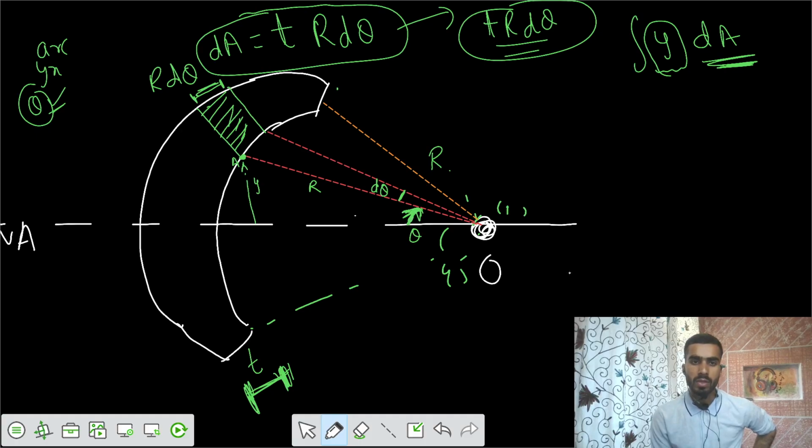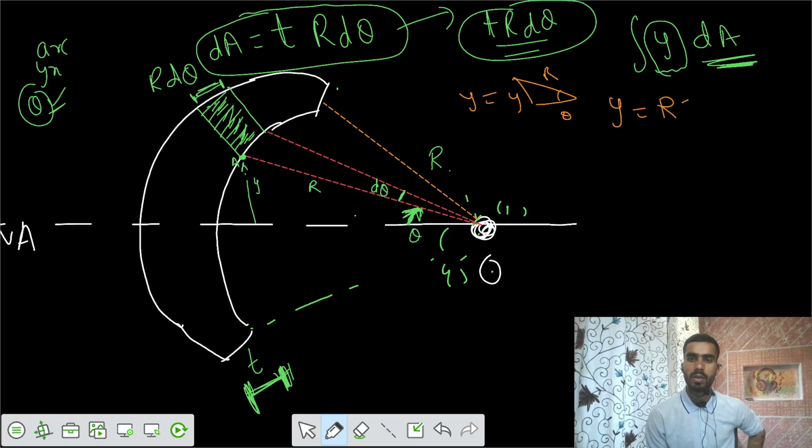There we have some point, and the area above that point, if you take that differential element, the value of y, by the triangle, this is your R, this is your y, this is theta. Then we can say your value of y would be equal to R sine theta. So we got the value of y also.